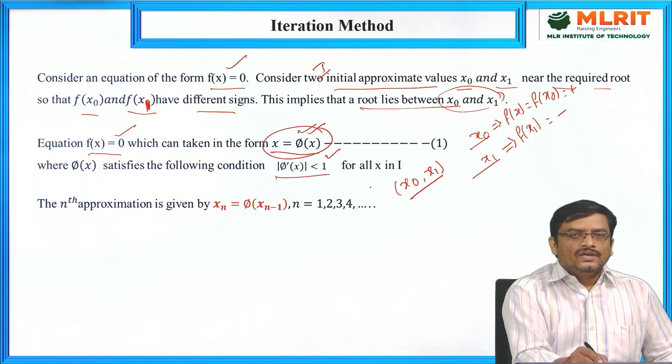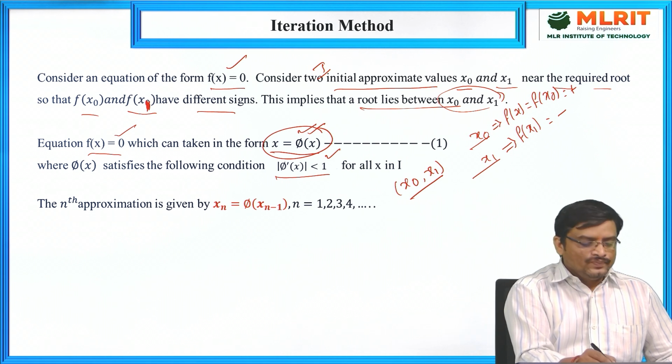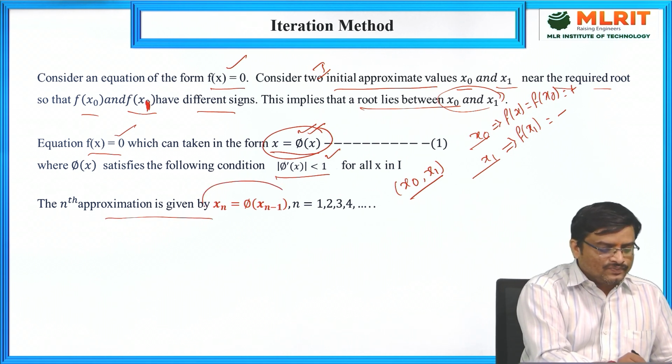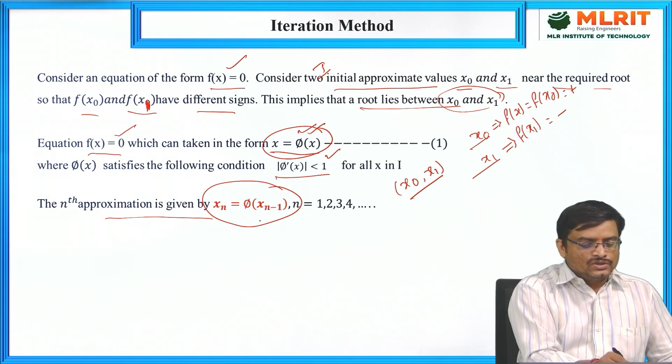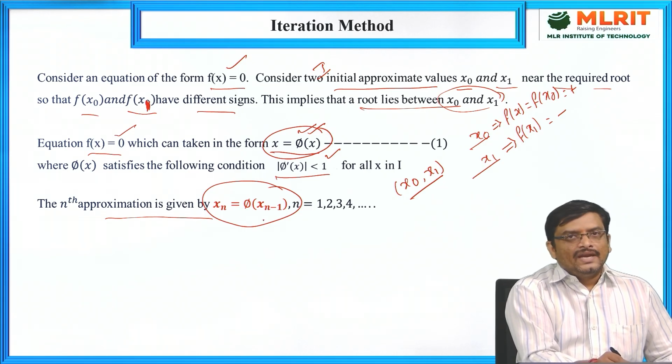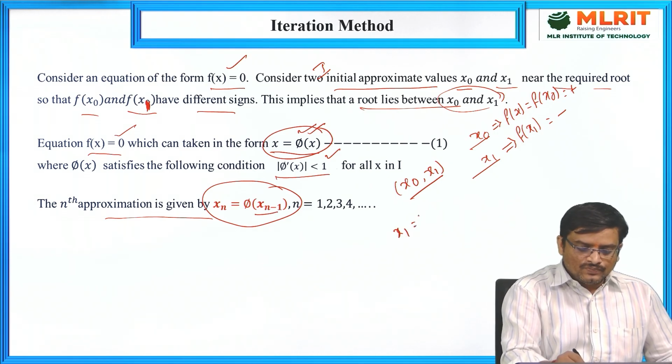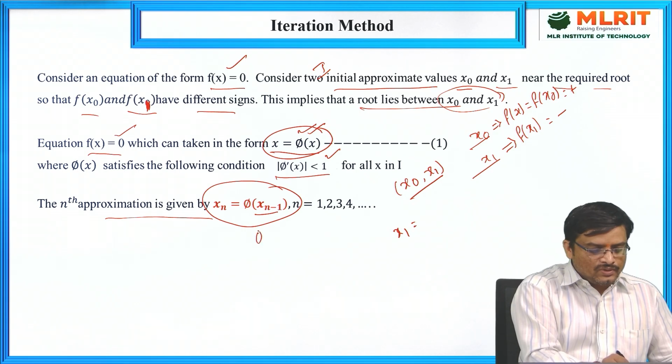After getting phi of x, we can take the approximations by using the standard formula: xn is equal to phi of x suffix n minus 1. Here, if you take n is equal to 1, you will get phi of x0.